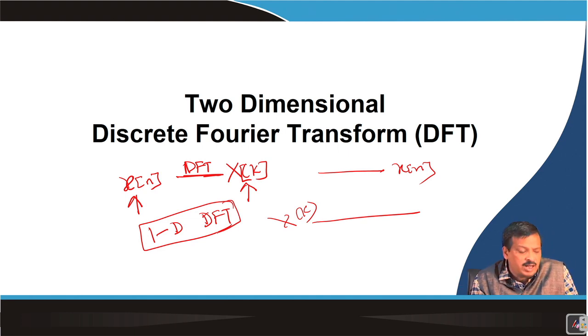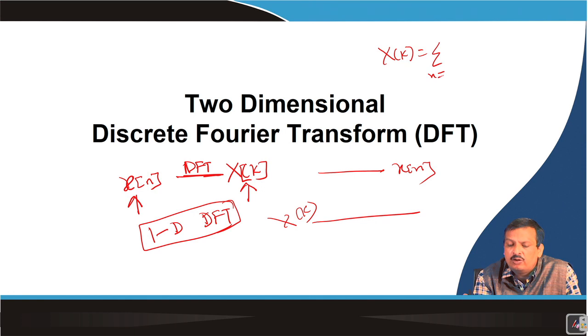So, what is the one dimensional discrete Fourier transform? As we said, X of k is equal to the sum over n equal to 0 to n minus 1 of x of n e to the power minus j 2 pi by n into nk, where 2 pi by n is the resolution in one dimension.